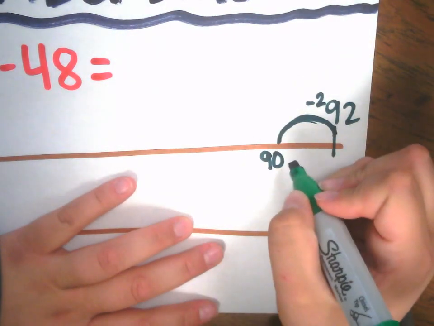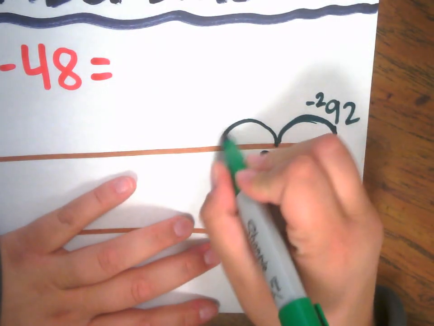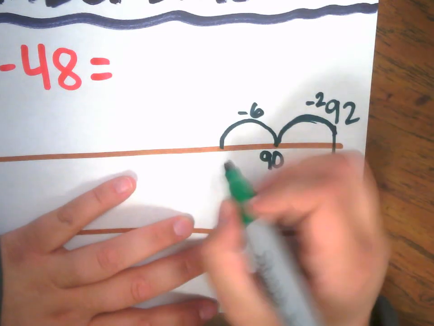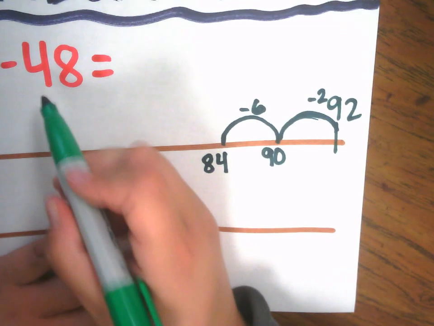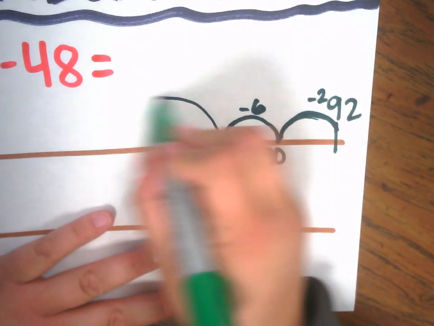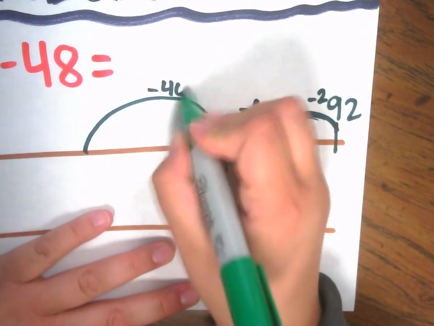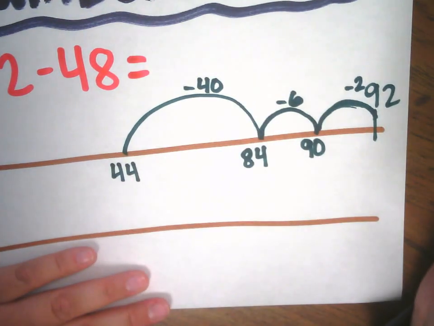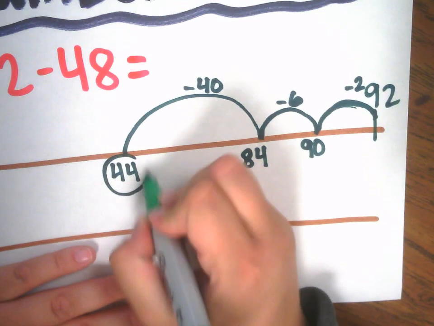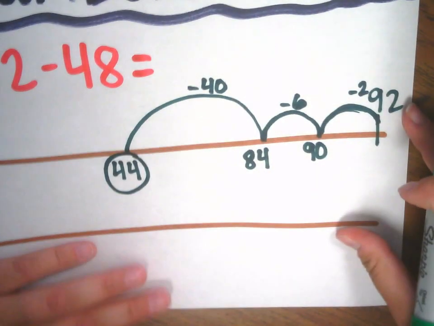And then I need to take away 6 more. So minus 6 would be 84. And then I need to take away 4 tens, or 40. So I'm going to make one big jump and do minus 40. And that would get me to 44. So in this case, we get to 44, and that's my answer.